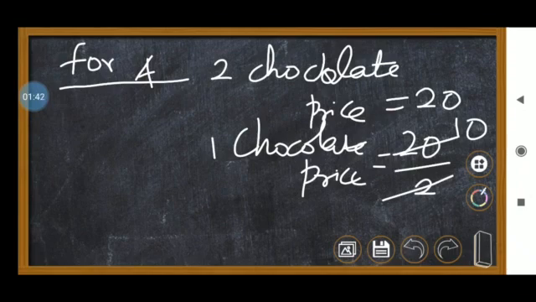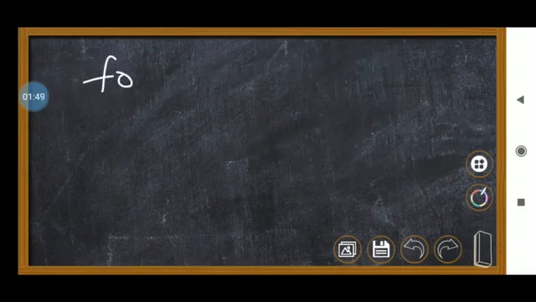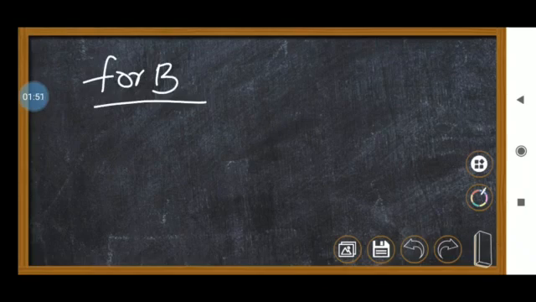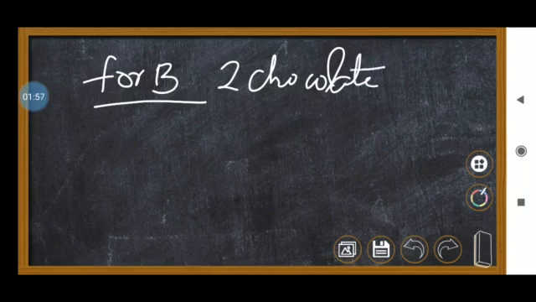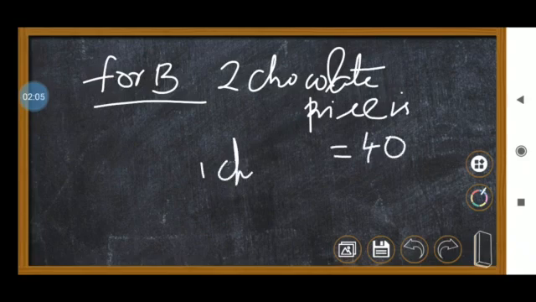This is for A. For B, what happened? In the same way, two chocolate price is 40 rupees.